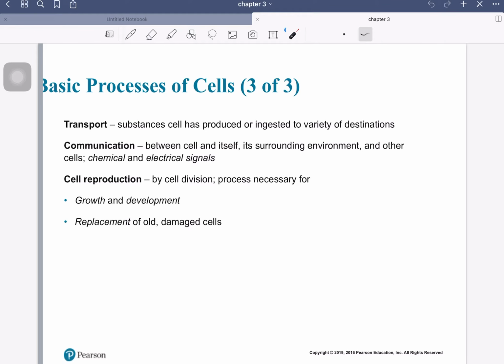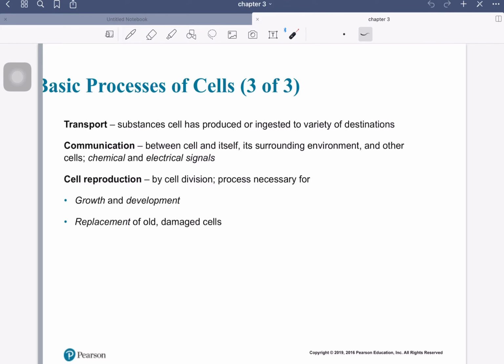Those chemicals may travel quite a distance through the blood. And of course, communications, as I said earlier, are really important because the cells have to talk to each other. They have to coordinate what's happening. It's a lot of chit-chat between cells for them to figure out what they should be doing or not doing during that time, whether they should reproduce or not reproduce, etc.